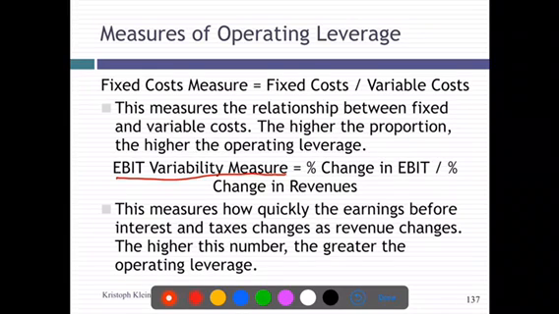Alternatively, if you have a company with a lot of fixed costs, there's going to be a large change in EBIT because the costs, which are fixed, right, aren't changing. So what this is telling us then is kind of the same thing as this measure above, right? It's giving us a measure of what percentage of your costs are fixed. It's just a more indirect measure. What's nice about it is it's based on very easy to measure things, EBIT and revenues, which we'll always be able to see in companies.